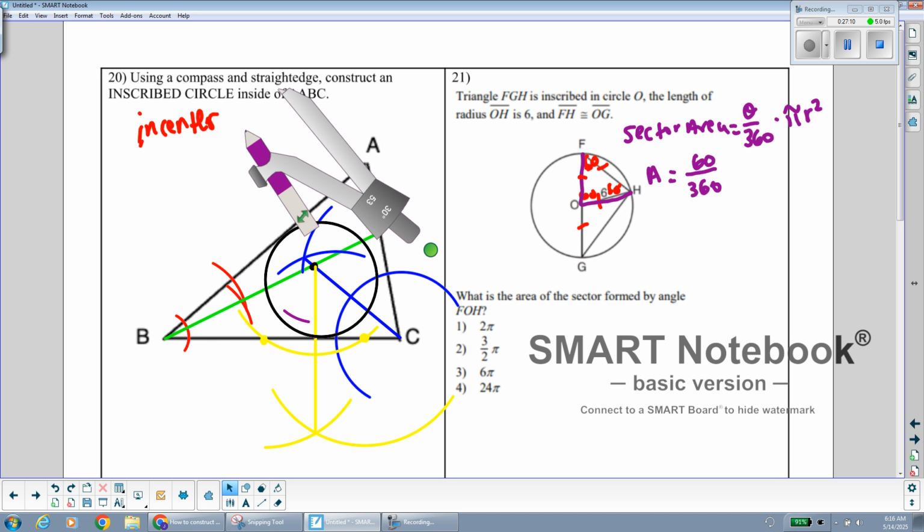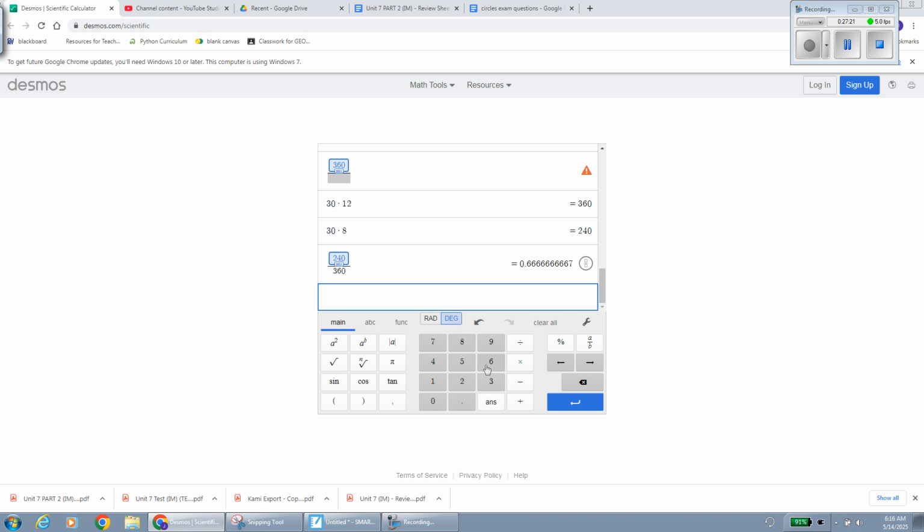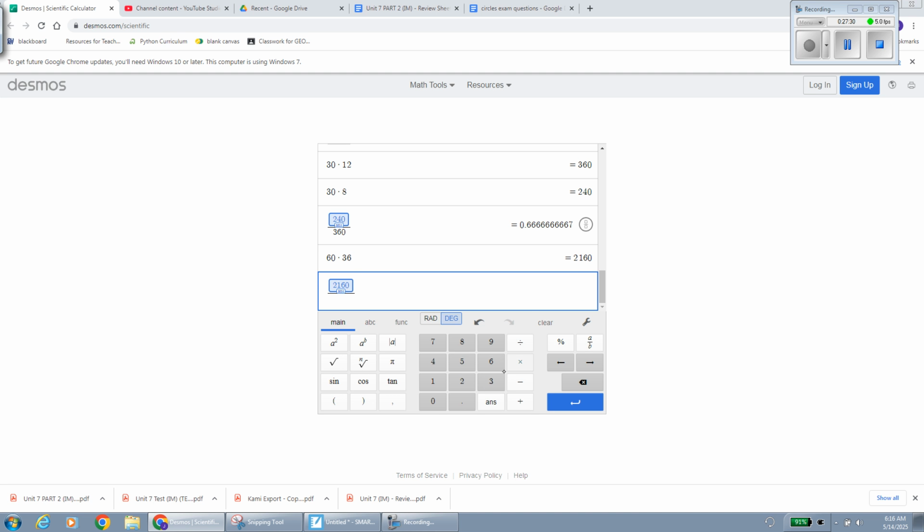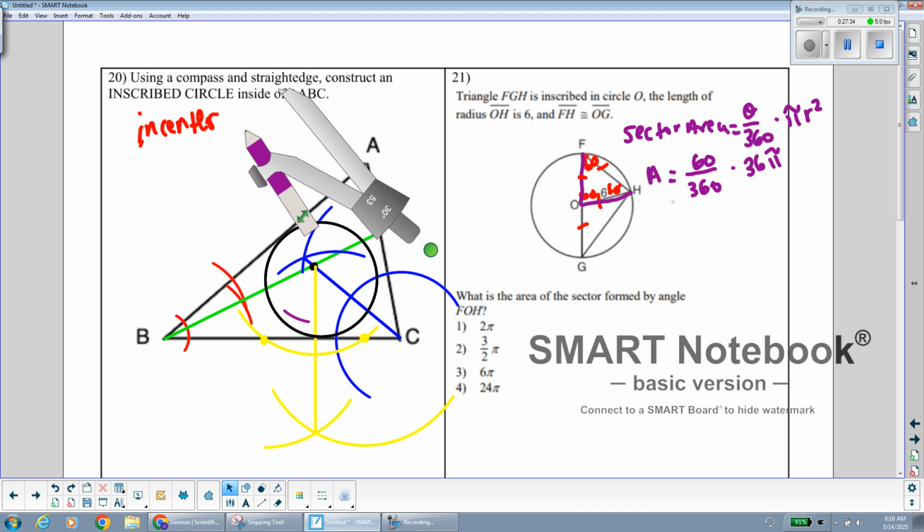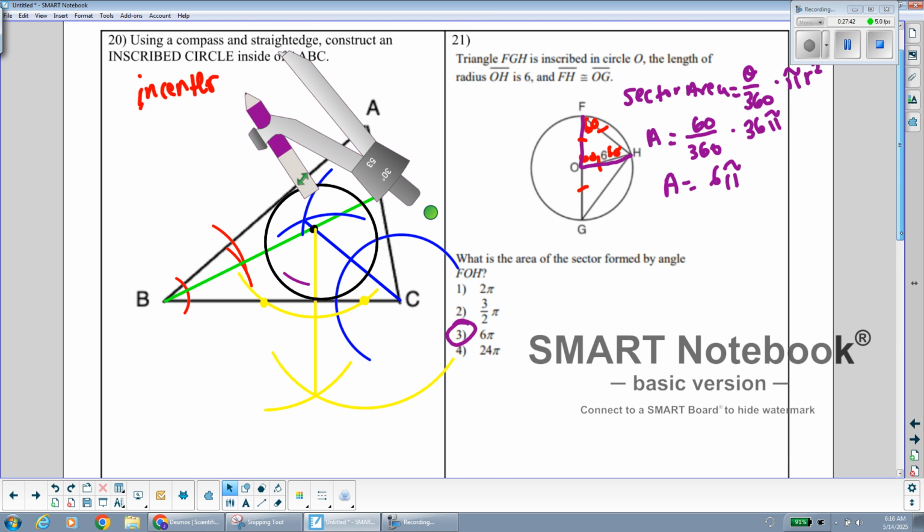And since the radius is 6, the area of the circle is 36 pi. I'm going to put this into my calculator. 60 times 36 divided by 360, and that's 6. So the area of the sector is 6 pi units squared.